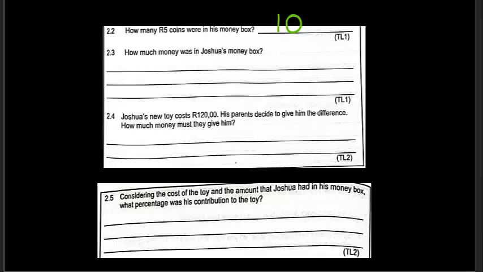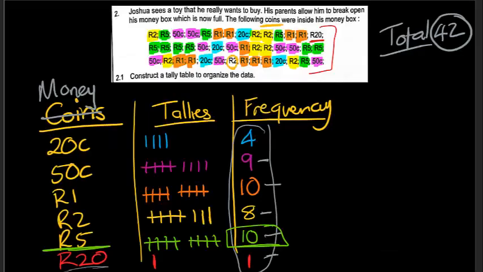Let's calculate this. So what you're going to do is you're literally going to multiply. You're going to say 4 times 20 cents gives me, 4 times 0 is 0, 4 times 2 is 8, 80 cents. Because I'm working with money, I'm going to do 2 decimal places in rands.